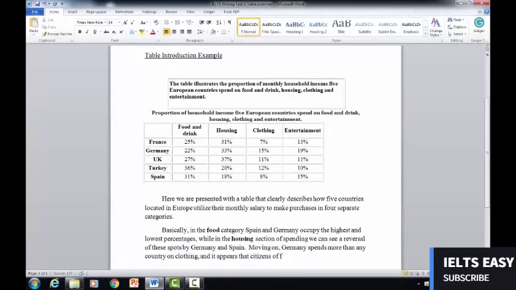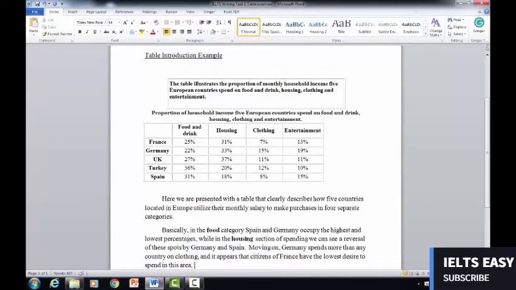Right, so that's a sentence about clothing.